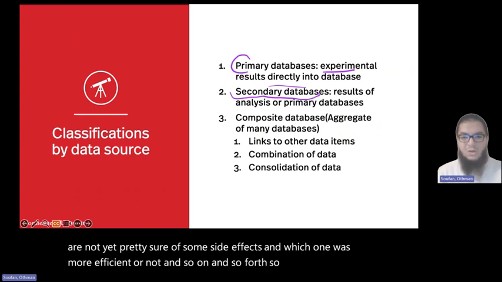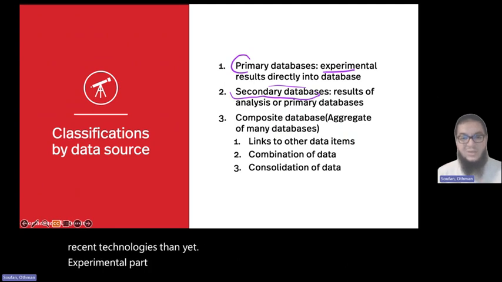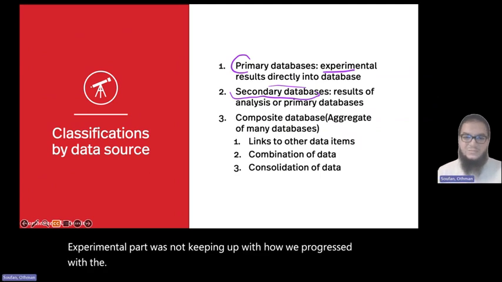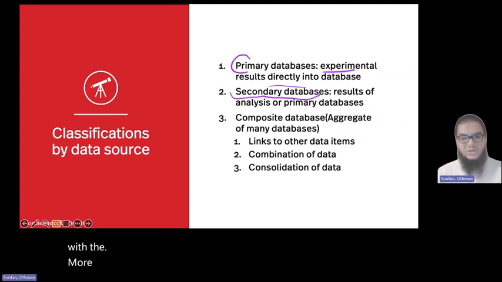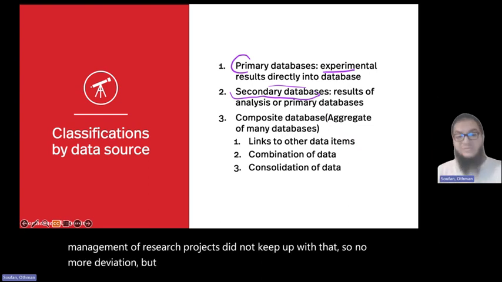So we used the most recent technologies, and yet the experimental part was not keeping up with how we progressed with the Moore's law kind of advancement in computational resources. Our management of research projects did not keep up with that.